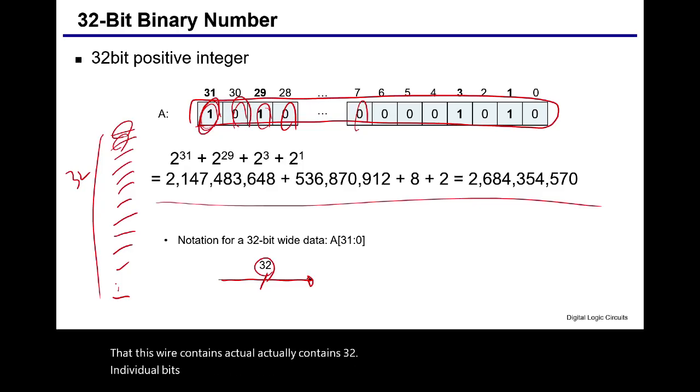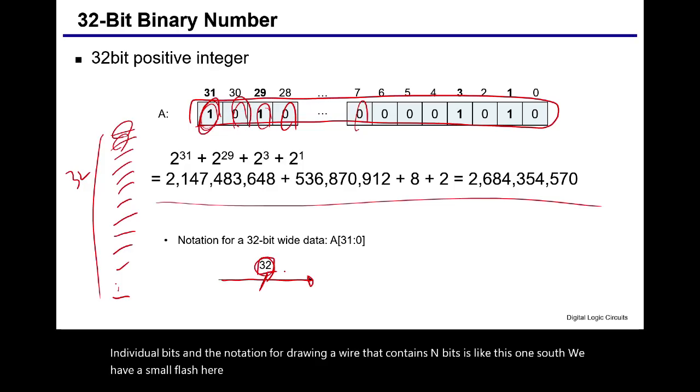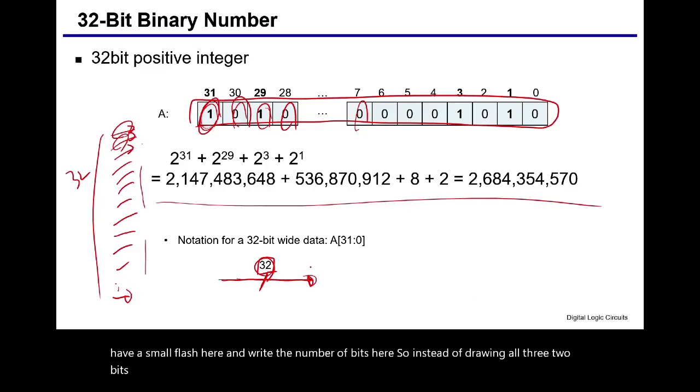The notation for drawing a wire that contains n bits is like this: we have a small slash here and write the number of bits here. So instead of drawing all 32 bits individually, we can simply represent it in this way.